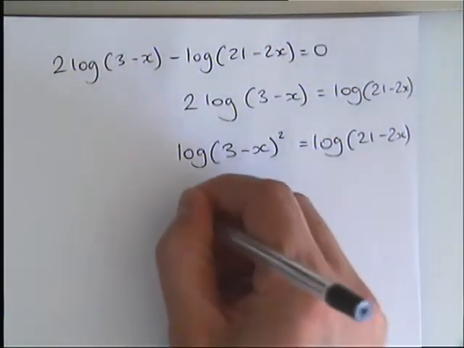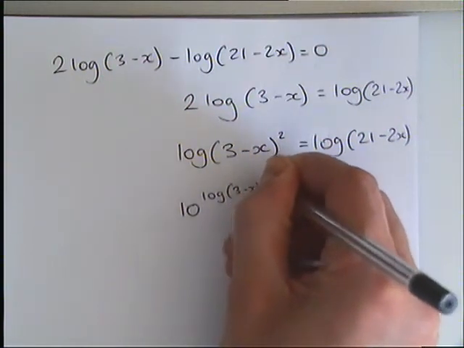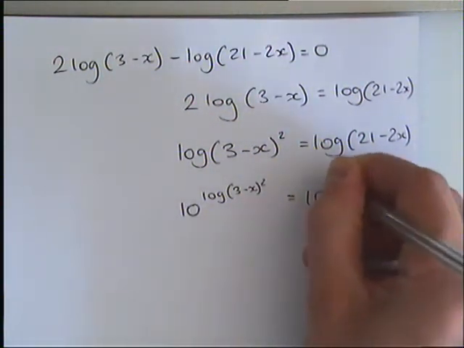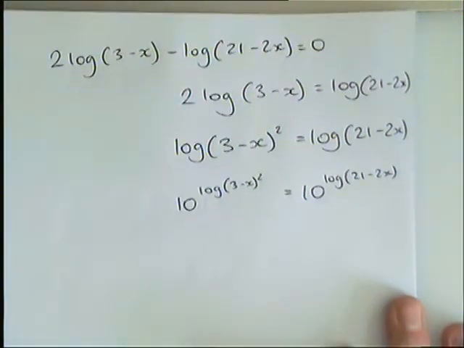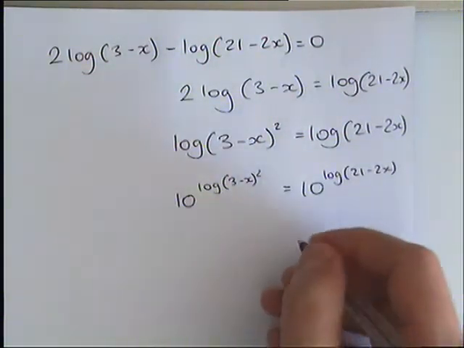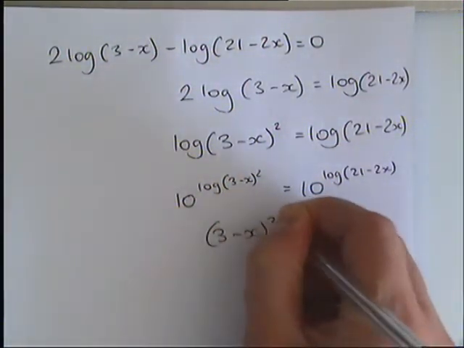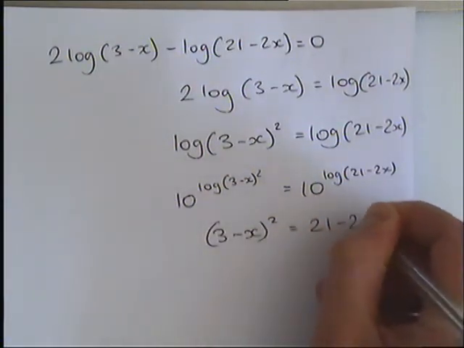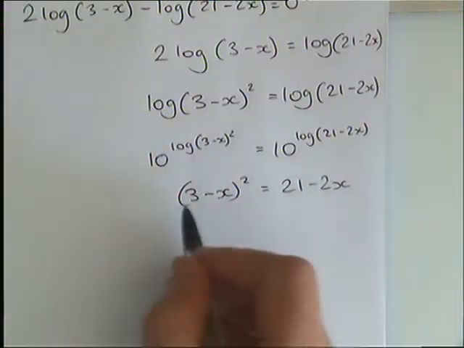So I'll write that step in, but lots of people wouldn't. When you do 10 to the power of log something, you're going to cancel out those logs. And from here, it's a matter of just rearranging.